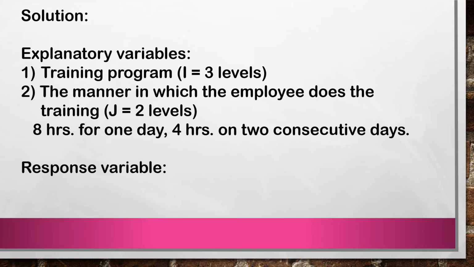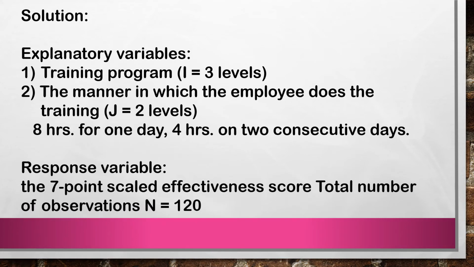The response variable is the 7-point scaled effectiveness score. The total number of observations is N equal to 120.